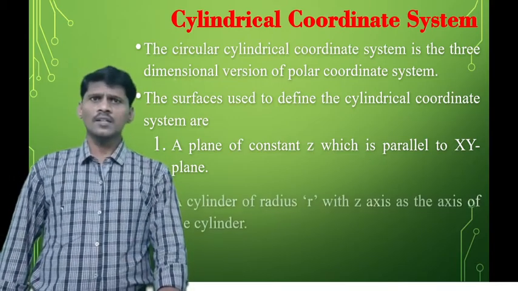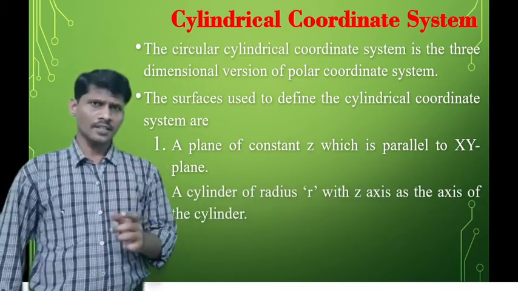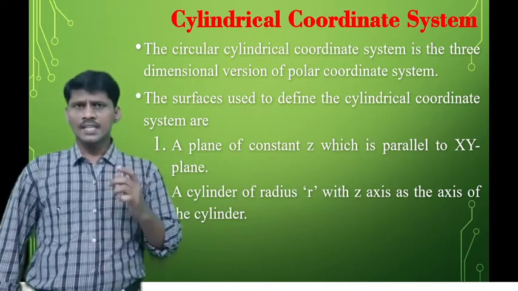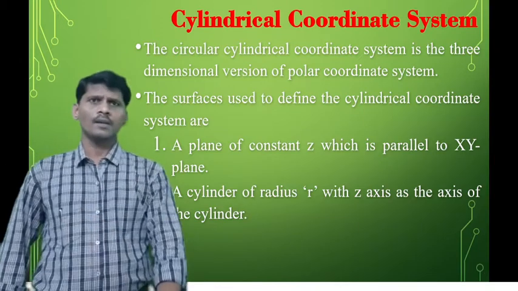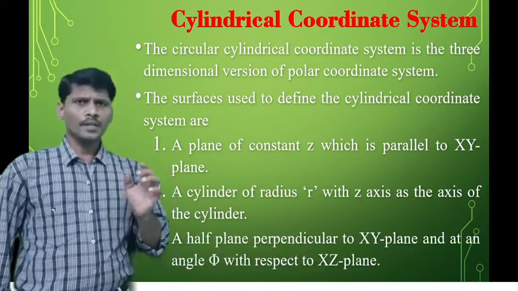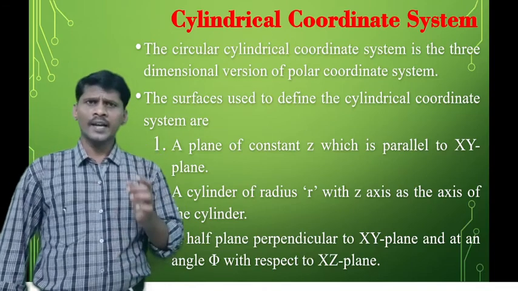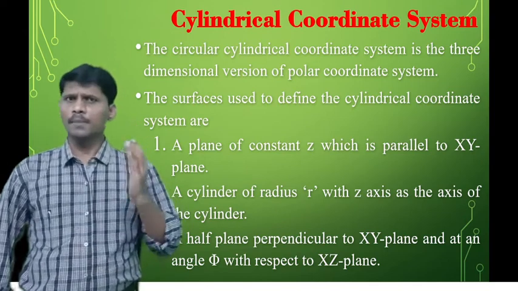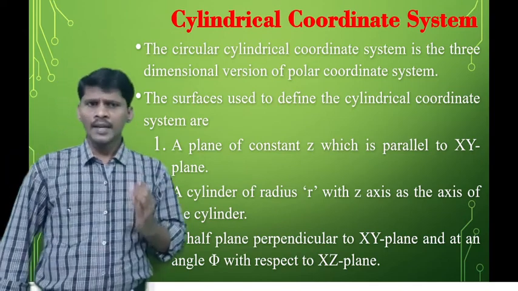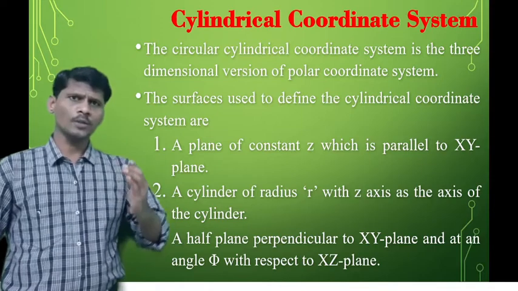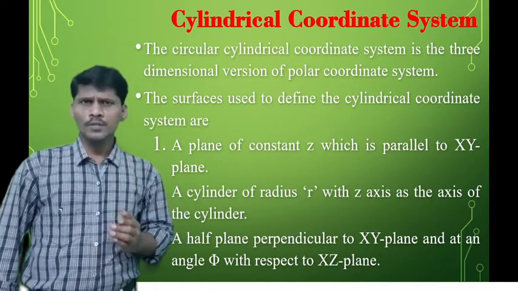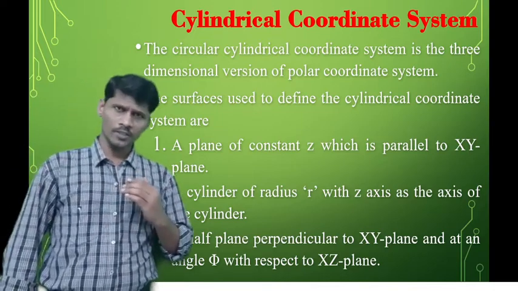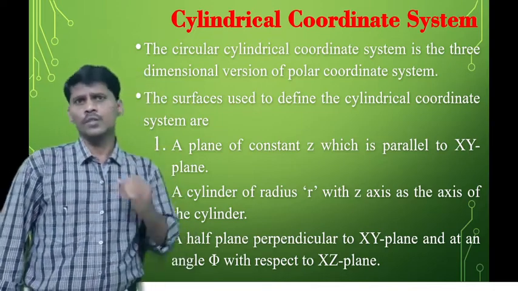And consider a cylinder, and r is the radius of the cylinder with z axis as the axis of the cylinder. And a half plane perpendicular to xy plane and at an angle phi with respect to xz plane. So these are the surfaces to define the cylindrical coordinate system.